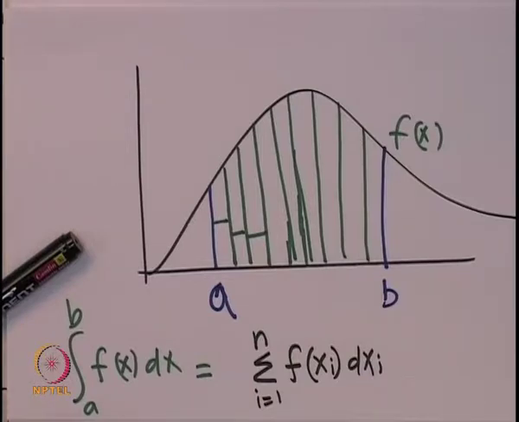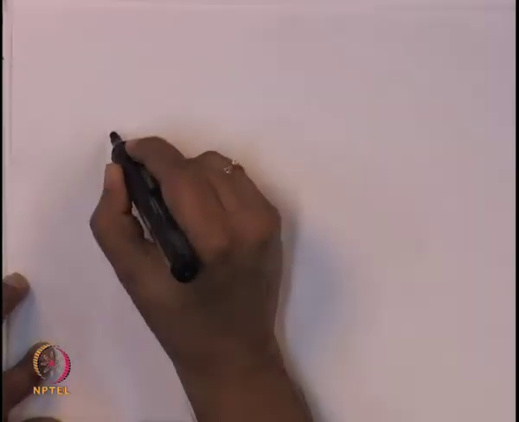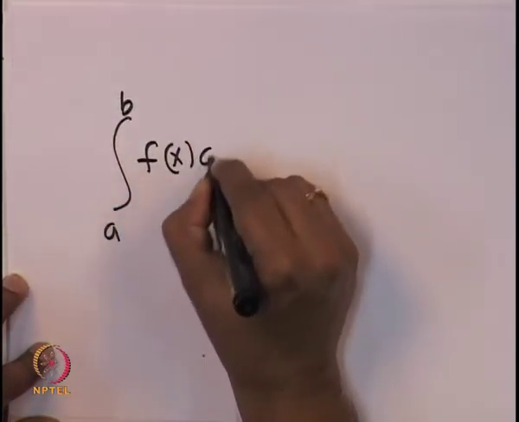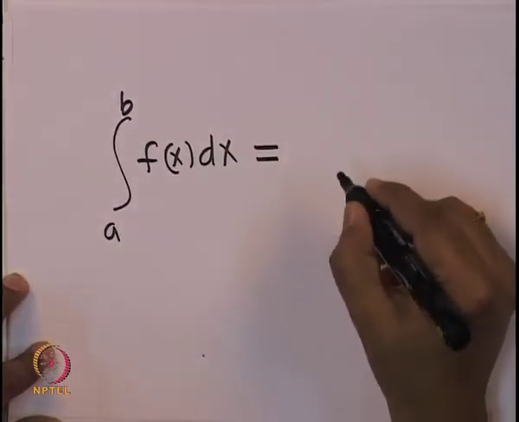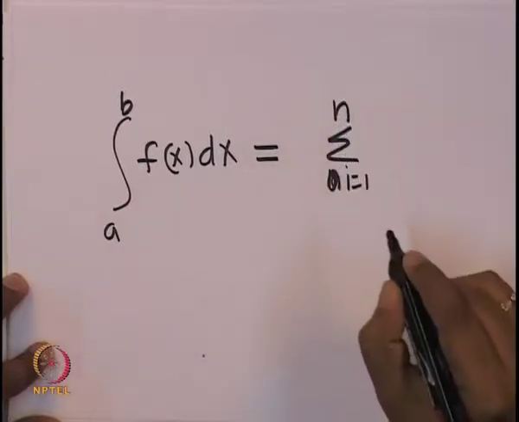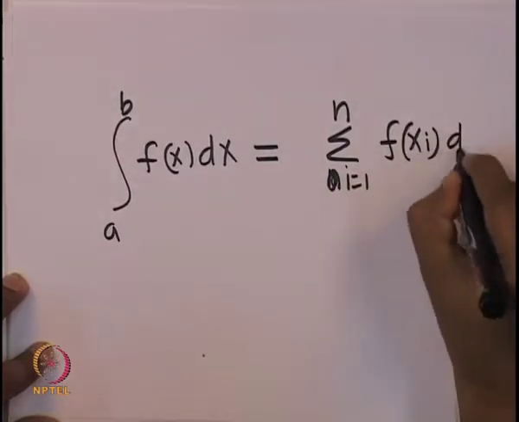So, the correct statement to make is that as the number n goes to infinity, the sum will be equal to this integral. So, integral and the sum. What we wrote is that the integral from a to b of f of x dx will be equal to the sum over i equal to 1 to n of f of x_i dx_i.